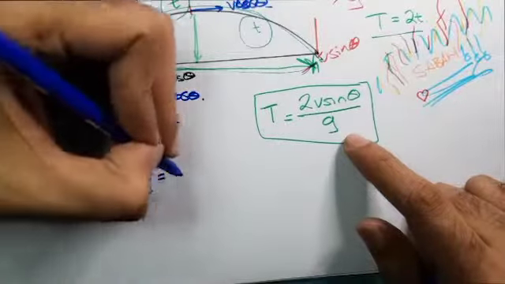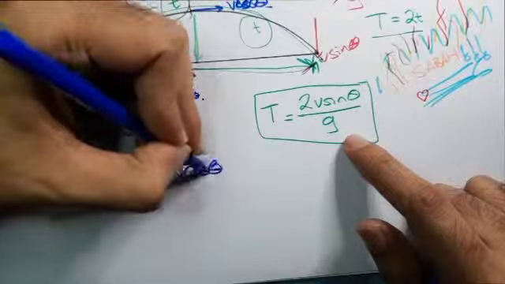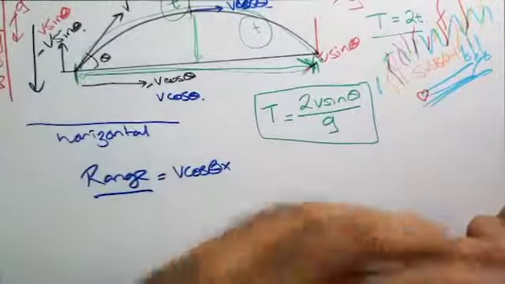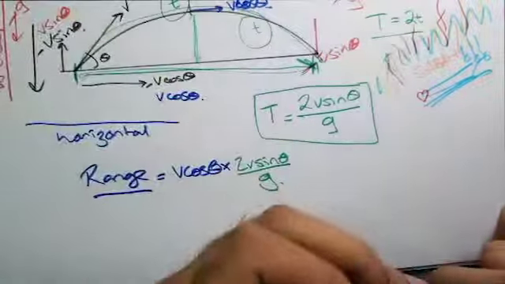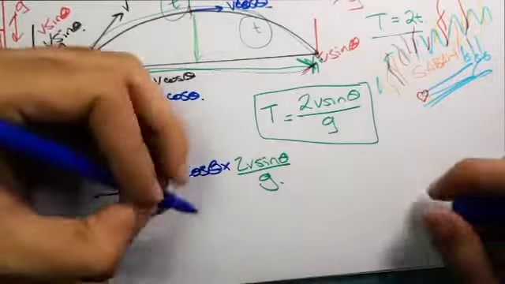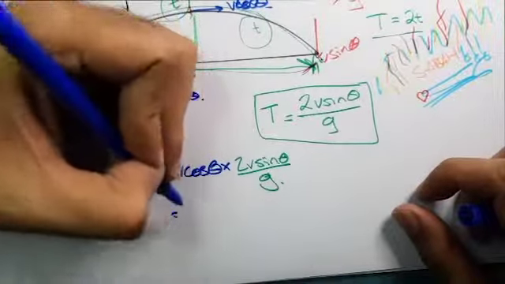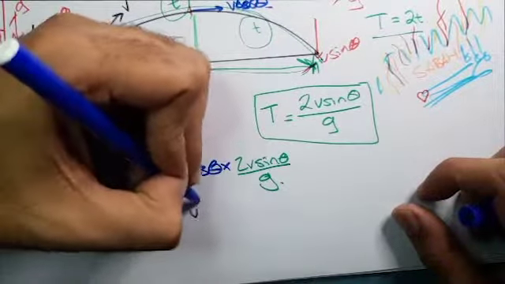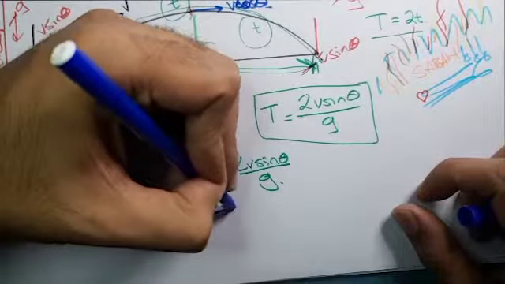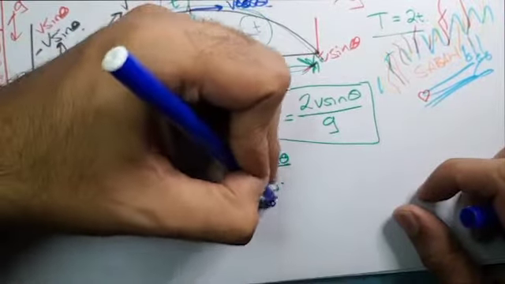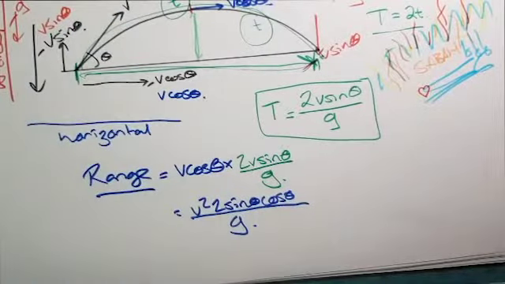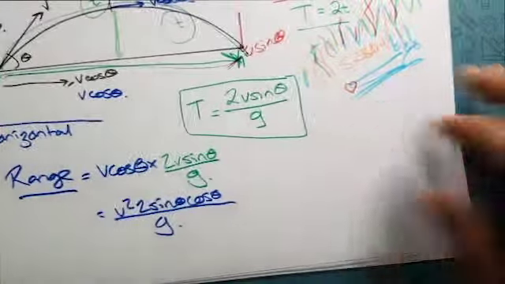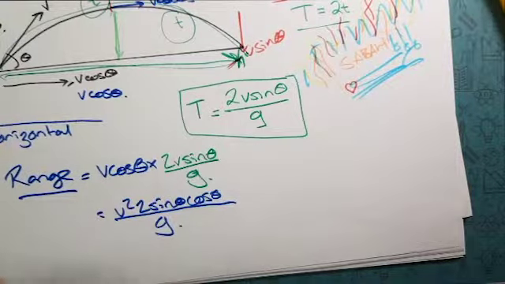So range is equal to v cos theta into, I'll use green here again, 2v sine theta by g. And then it's going to turn into a blue equation because it's purely horizontal now. It becomes v square 2 sine theta cos theta by g.